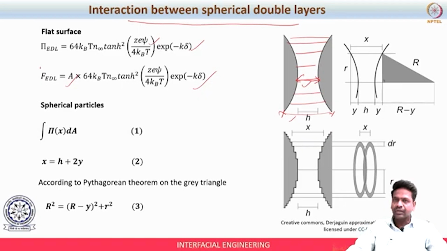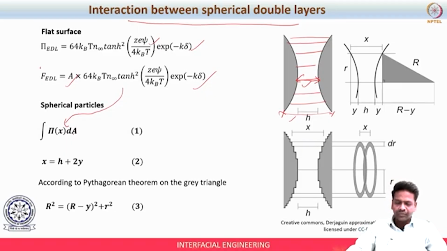This is for the planar surface, or you can say flat surface. Now we are going to use this equation as it is, in the form of pi of x. Why is it pi of x? Here x is a variable, the separation distance here is variable. So we are representing it in terms of pi of x.